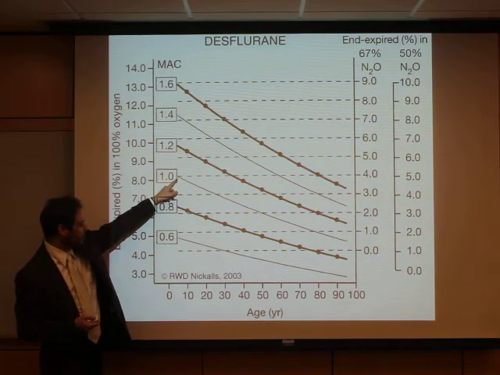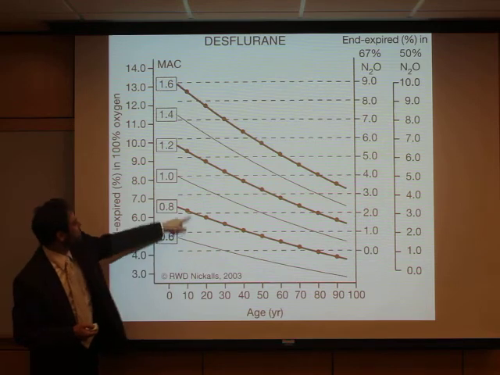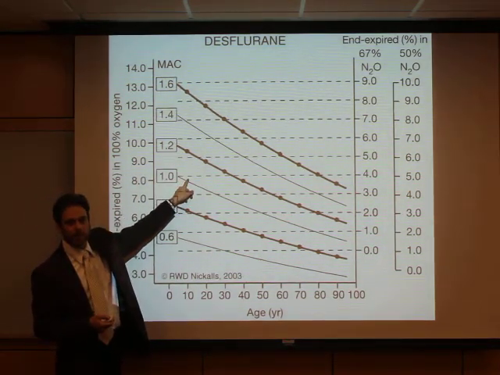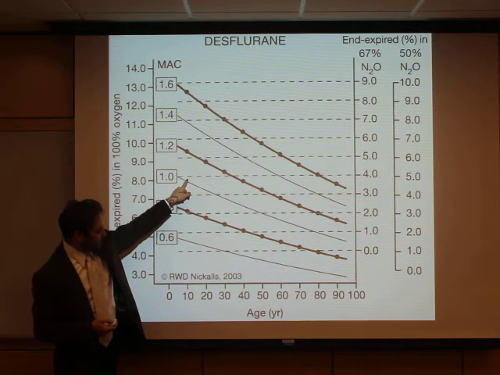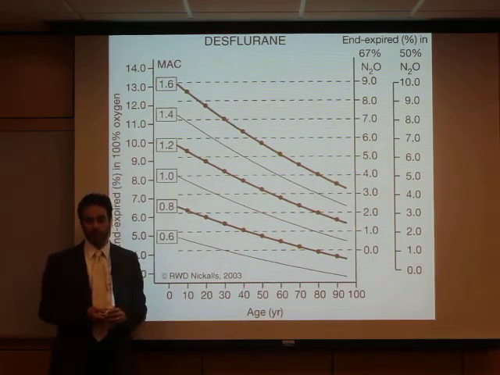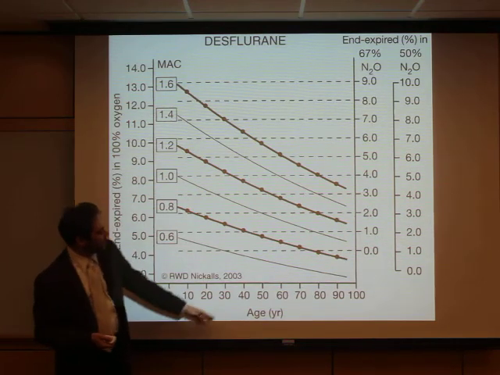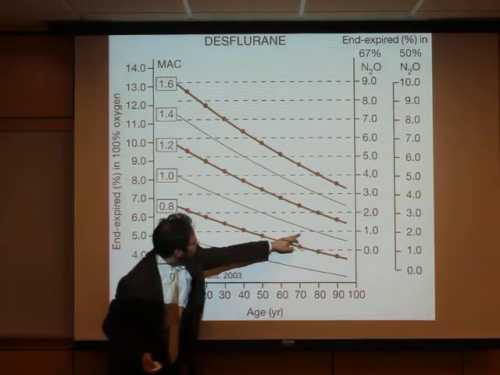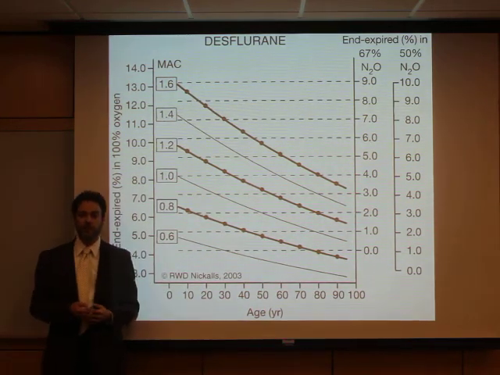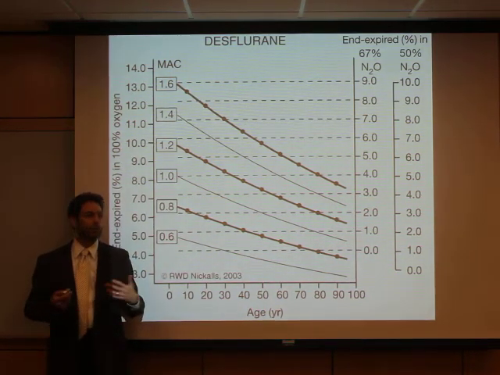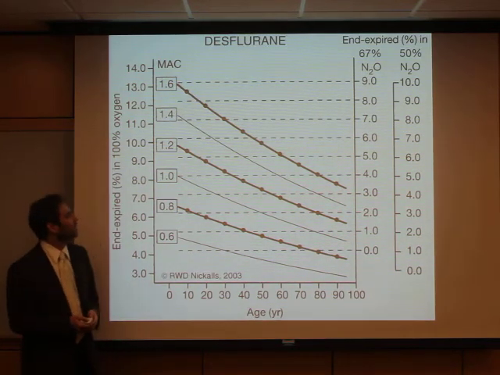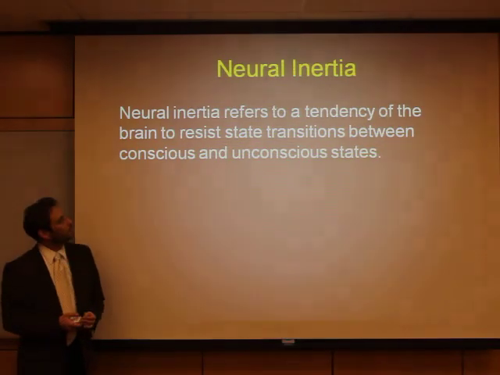For 1 MAC, when you're 10 years old, you need about 8% or 8 kilopascals of desflurane for 50% of people not to have a response to a noxious stimulus, whereas for an 80-year-old, you'll need only about 5 kilopascals or 5% desflurane, so almost half the concentration of a much younger person.